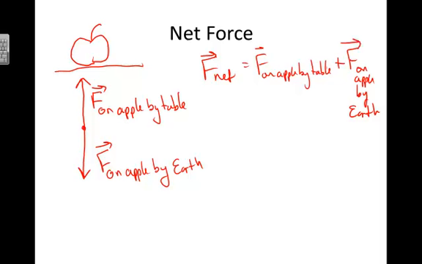We could also add these two up graphically. Now, we know that the apple is stationary. That means that for this apple, delta P is equal to 0. Since delta P is equal to 0, that tells us something about what the net force has to be.